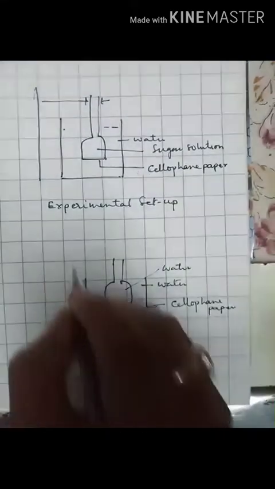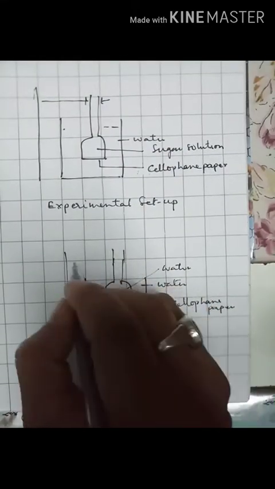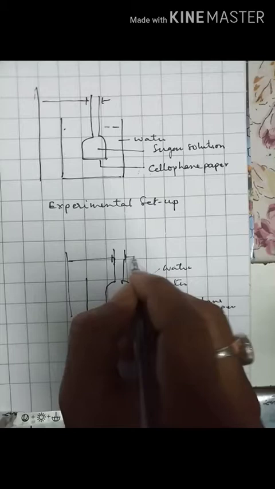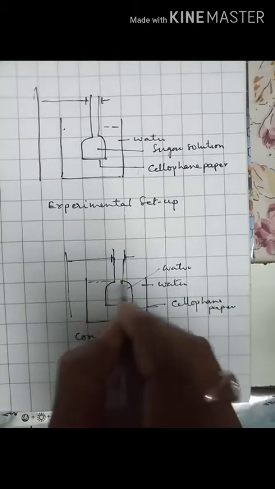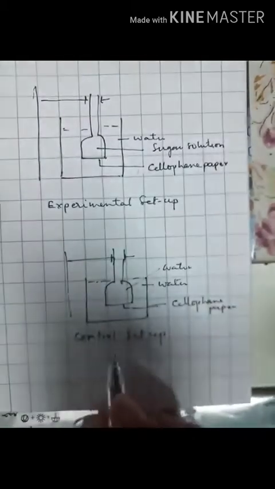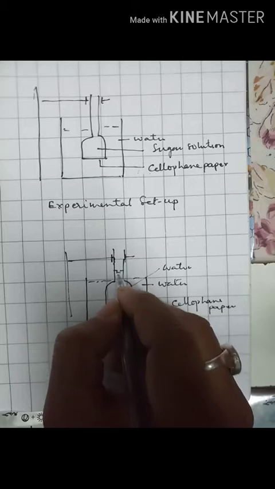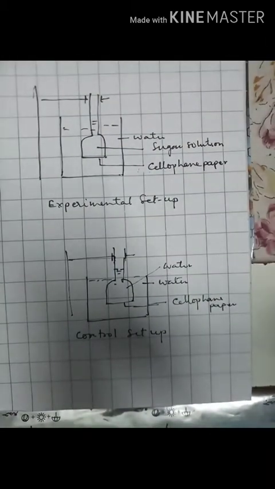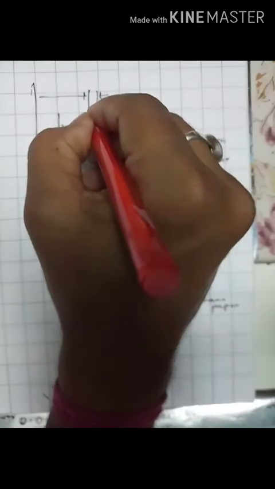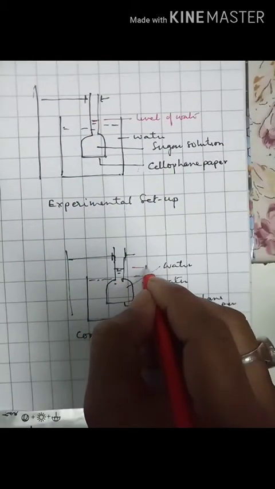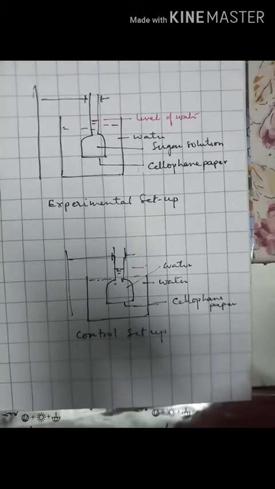Give support to the Thistle funnel with the stand. In both the setups, we will mark the level of the water. This is the initial level of water. Again, here it is the initial level of water.